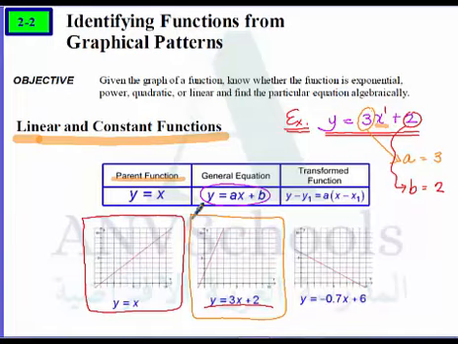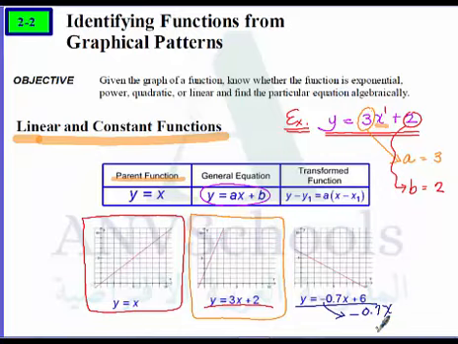So in this case, our example is y is equal to negative 0.7x plus 6. Notice that this transformation has a dilation on the y-axis.